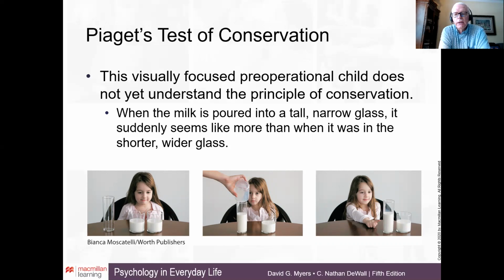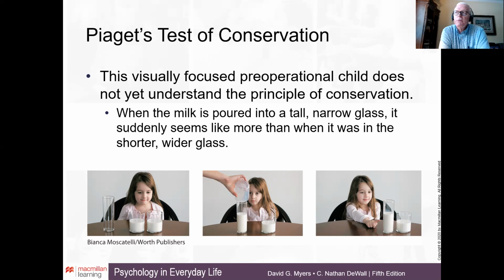And the child is then asked, now, do the two glasses have the same amount of milk or are they different? And the child says the tall, skinny glass has more milk, even though the child saw the adult pour the short, fat glass into the tall, skinny glass when the same amount of milk was present before.